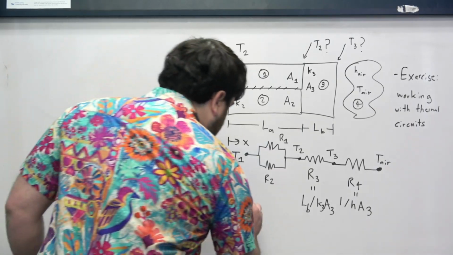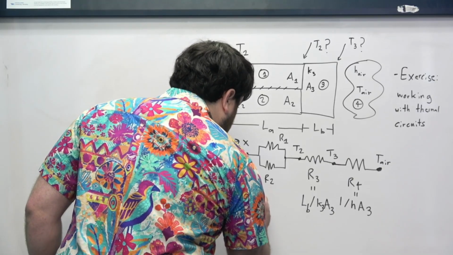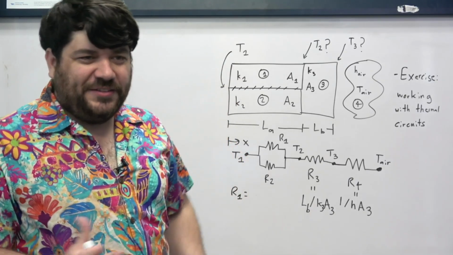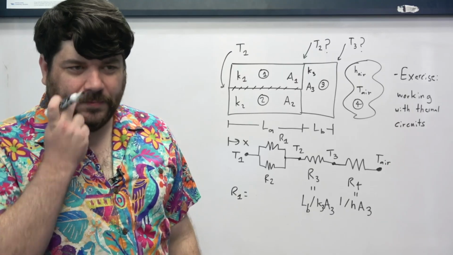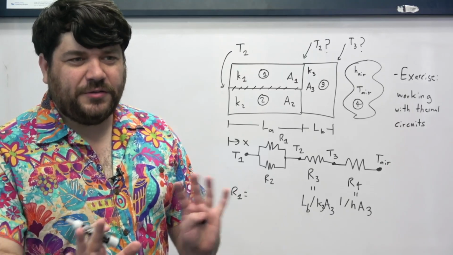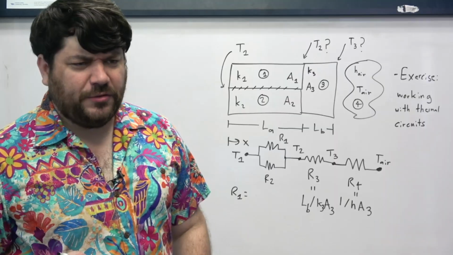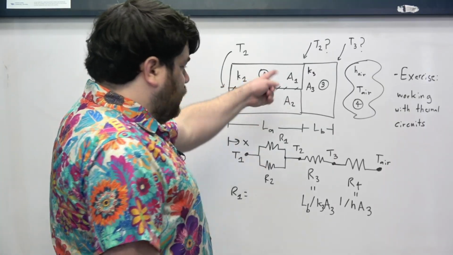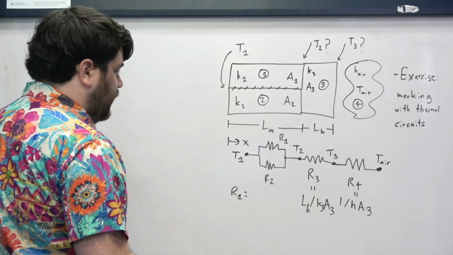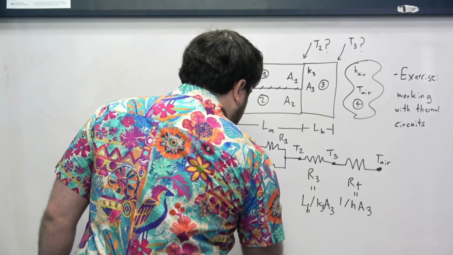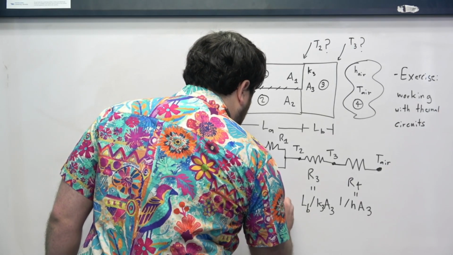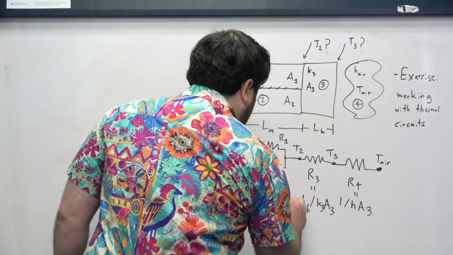Now, what is R1? So I'm just going to write R1 over here. It has the exact same form as this, right? So we're dealing with the individual thermal resistances, so there's no weird math about adding up inverses or anything like that. This is just a wall, and so therefore, it has a thermal resistance of L over K1 A1.